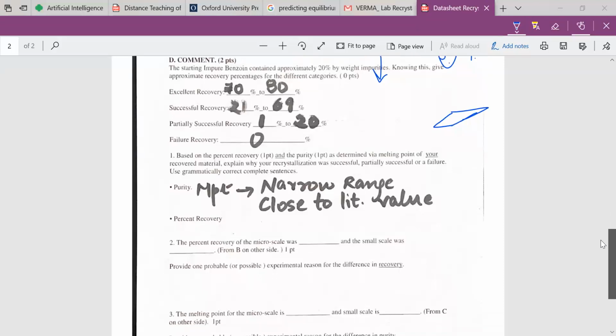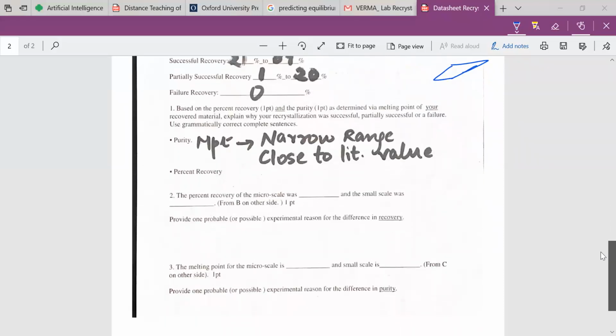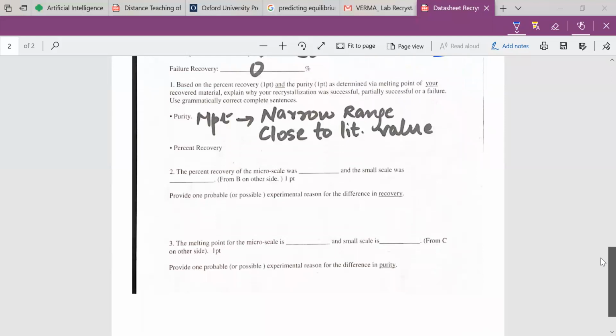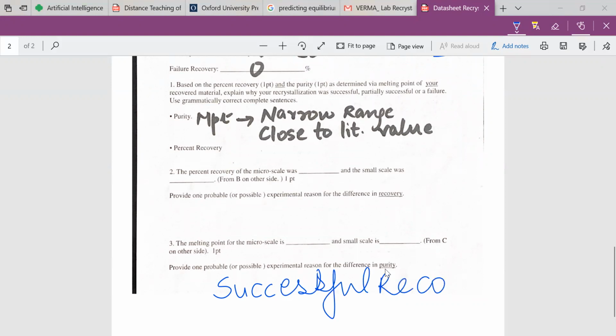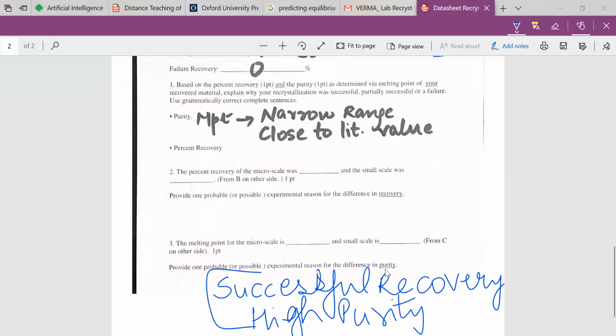Now, recovery is not the only criterion for you to judge if your experiment was successful or not. You also have to look for purity. You need to have successful recovery and high purity for your experiment overall to be successful.